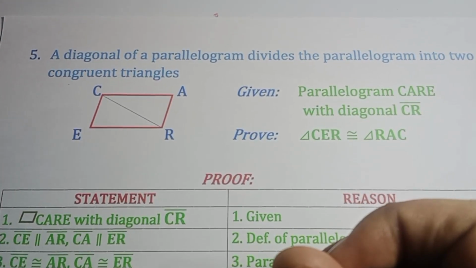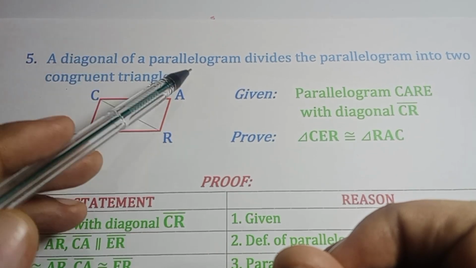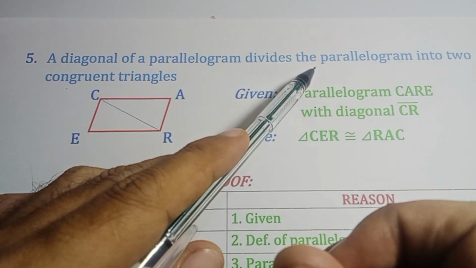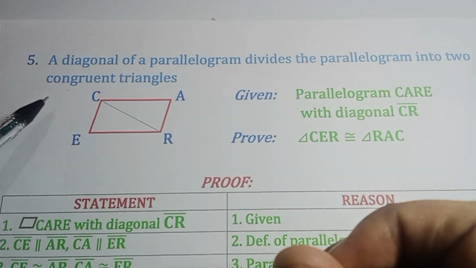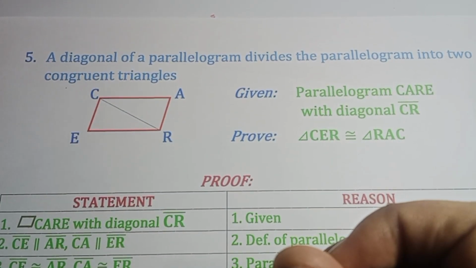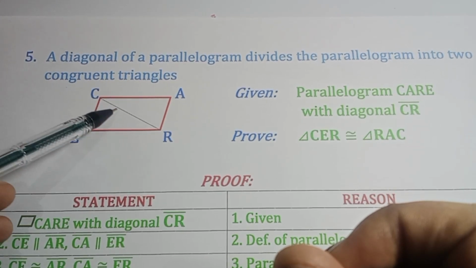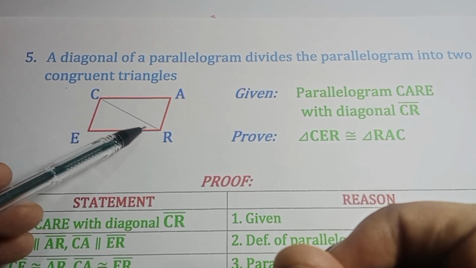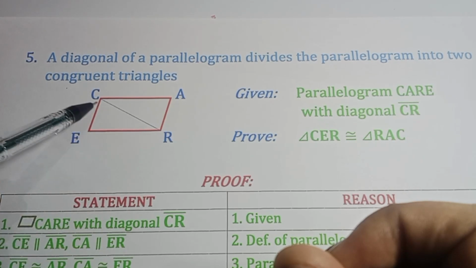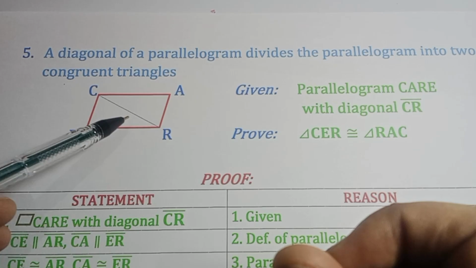So the last property says that a diagonal of a parallelogram divides the parallelogram into 2 congruent triangles. So there are two congruent triangles because of this diagonal segment.